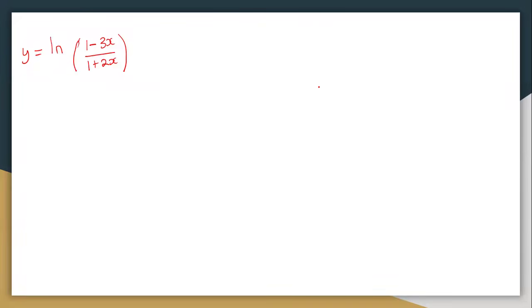Now, what do you do, members? Remember, the laws of logarithms are going to be very important. We can first remind ourselves. From logarithms, when you have log of A plus log of B, we multiply.